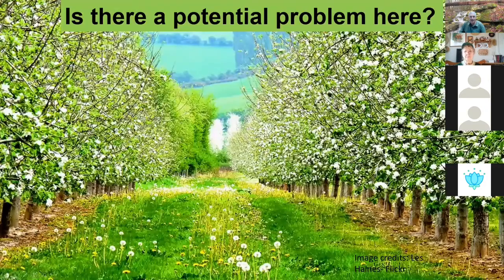Now we look at an image like this, and a lot of people say, but that is pretty. And it is a pretty image. But when we look at that image, are there potential problems or issues that can be seen in this image? From just a pure management, mechanical, and cultural management of this orchard, and trying to reduce disease pressure, I see things that I can do.